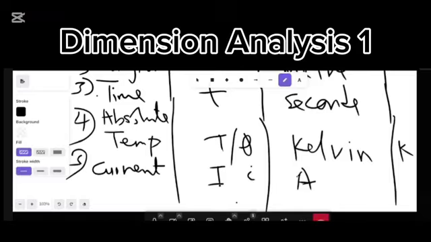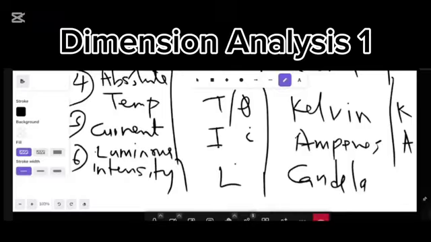The unit is candela. The symbol for the unit is two letters, small letters cd, candela.